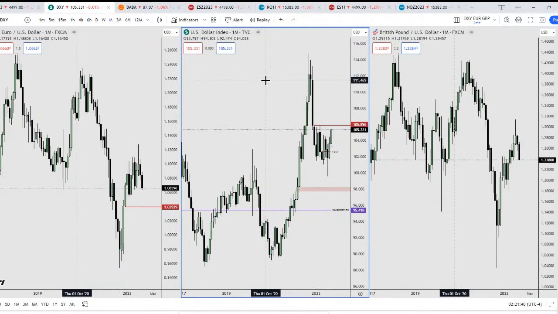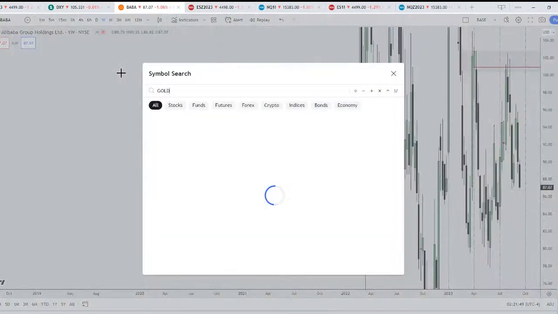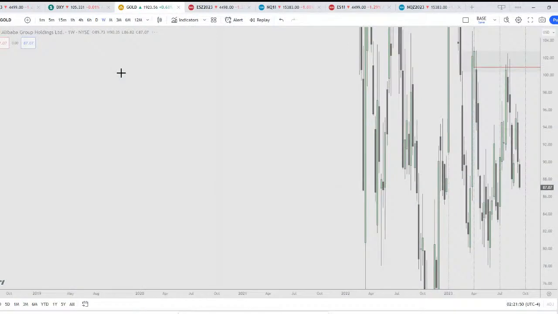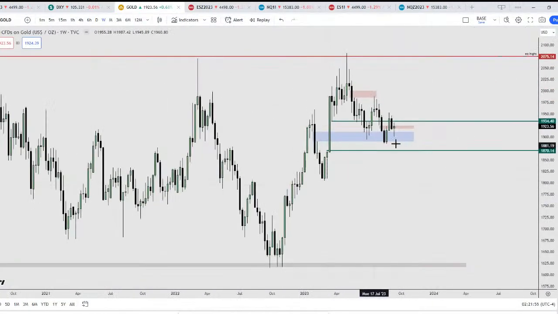All right, so let's move on to, as usual, gold. Let's take a look here. Gold on a weekly is in a kind of sideways consolidation, but if you look closely, it's staying within this inefficiency here.